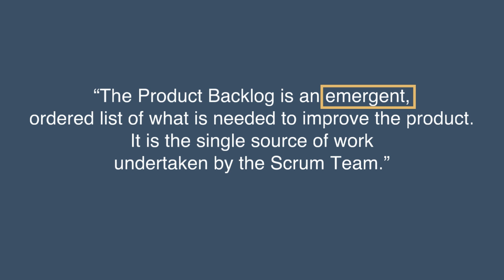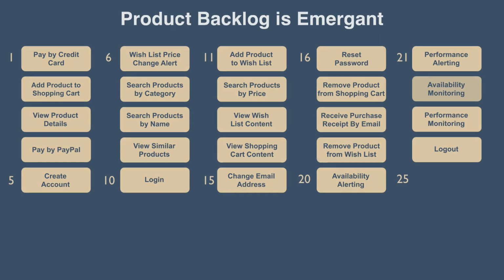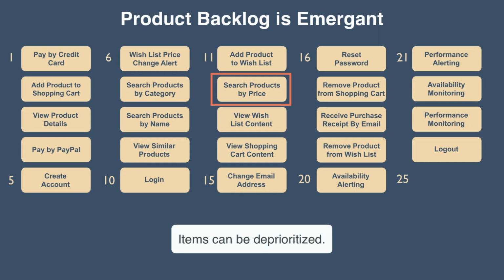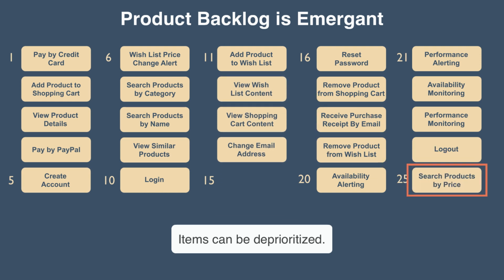That means that the product backlog is not static and it changes over time. Items can be added or removed anytime and priorities can change. For example, view products on sale could get completely deprioritized below everything else. If that happens, it will simply be moved down to the bottom of the list.